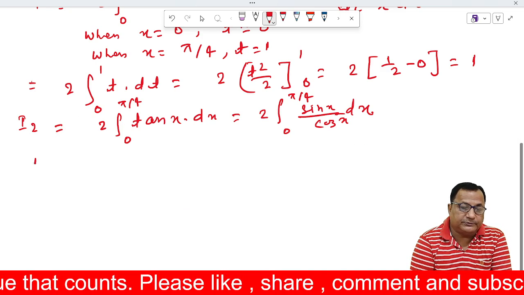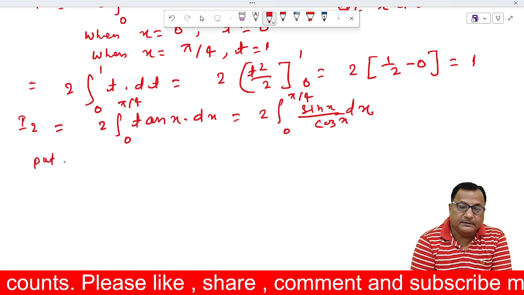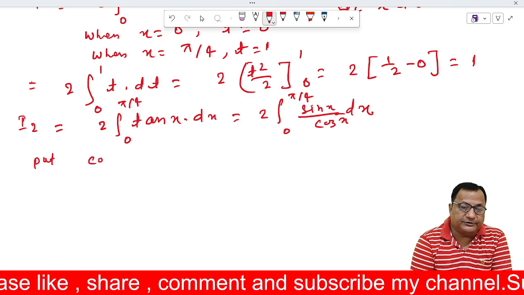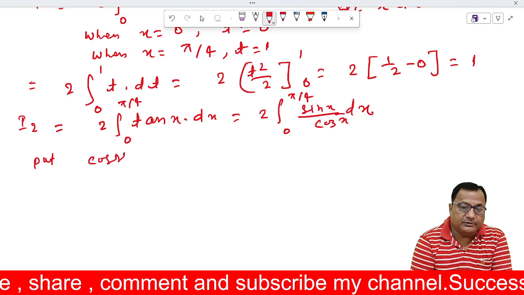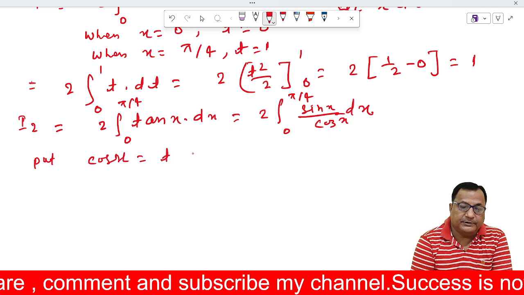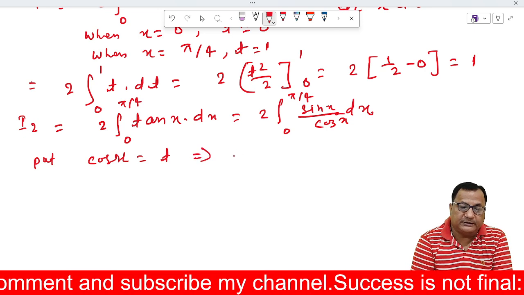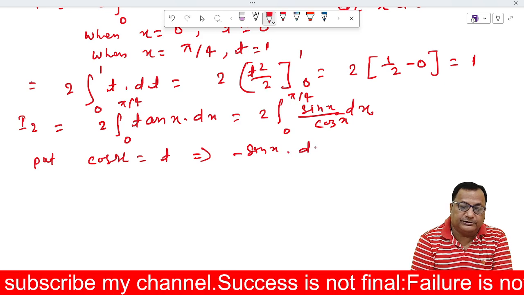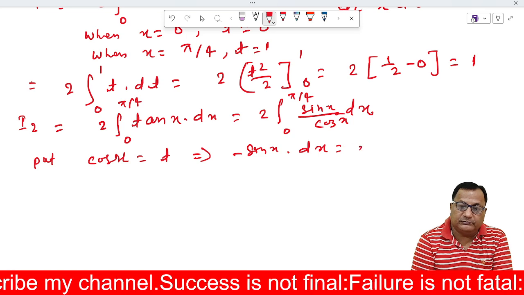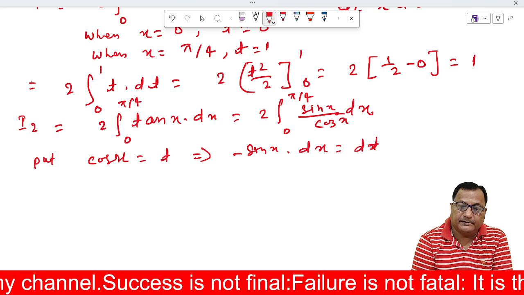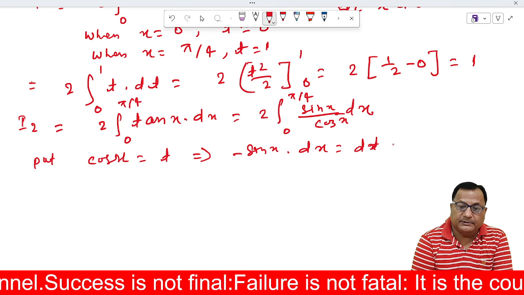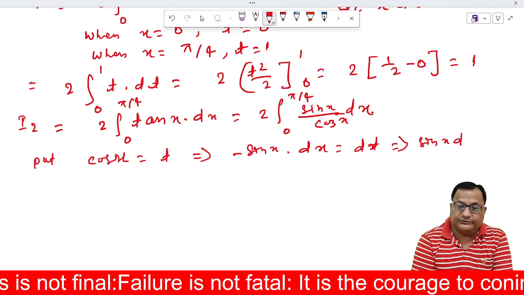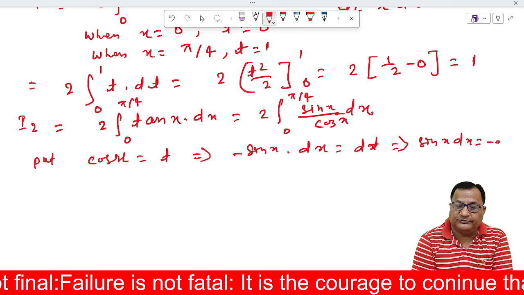Now we put cos x is equal to t. If we differentiate both sides, then minus sin x dx is equal to dt, which means sin x dx is equal to minus dt.